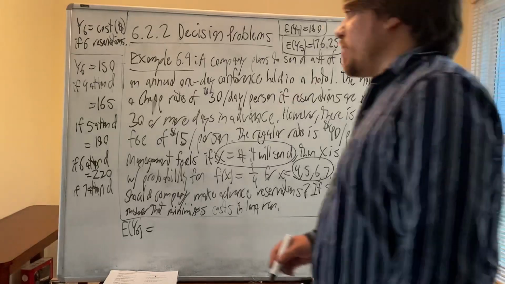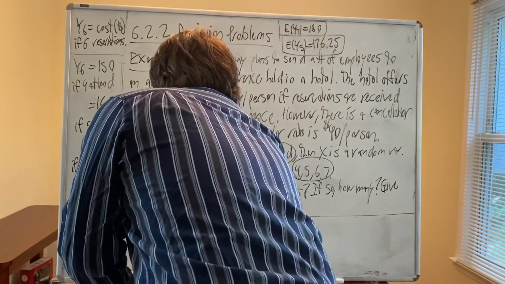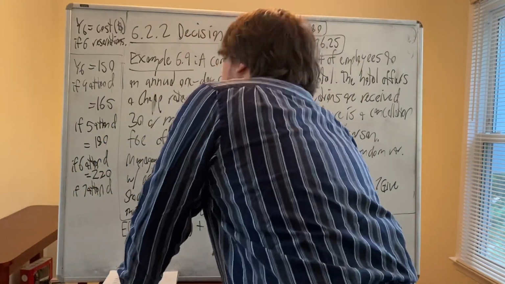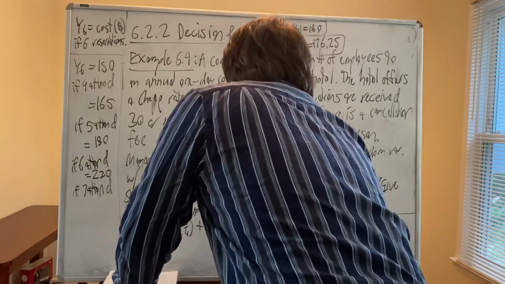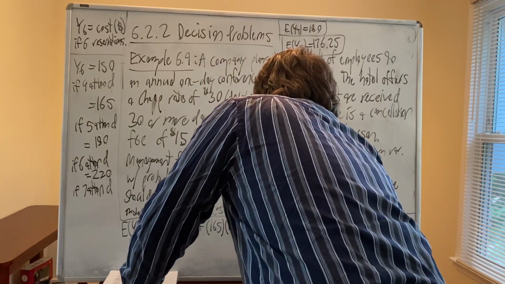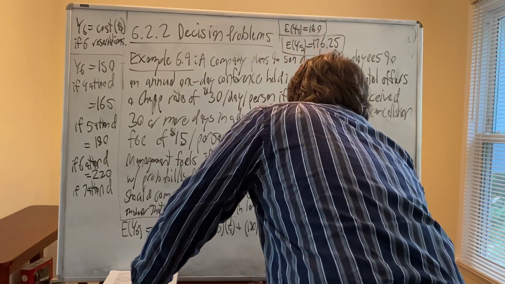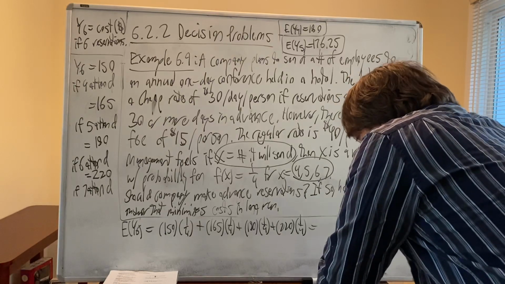Okay, and so to find the expected value, multiply each of these by the probability, which is 1/4, and then you add up the products. So 150 times 1/4 plus 165 times 1/4 plus 180 times 1/4 plus 220 times 1/4 is $178.75.